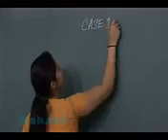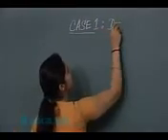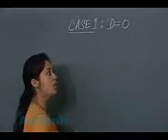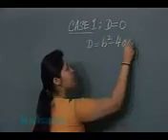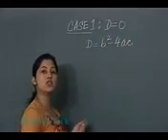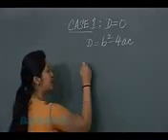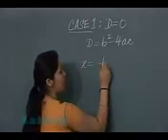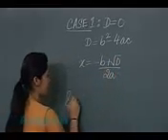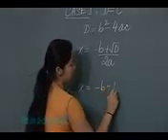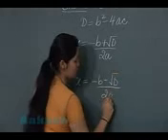Now students, we will discuss the case 1 where D is equal to 0. Now what is D? D is b square minus 4ac, and we know that the two roots of the quadratic equation are given by x is equal to minus b plus root D upon 2a and x is equal to minus b minus root D upon 2a.